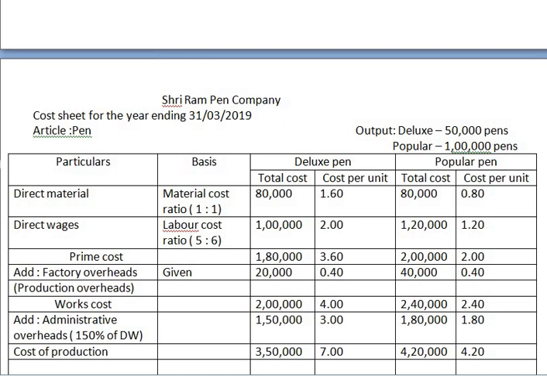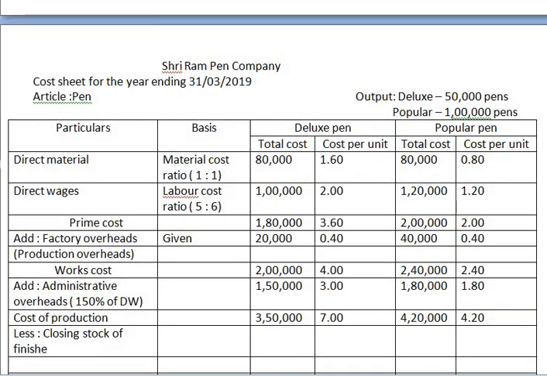So what we are going to do, closing stock, we are going to deduct it from this. Okay, less closing stock of finished goods.